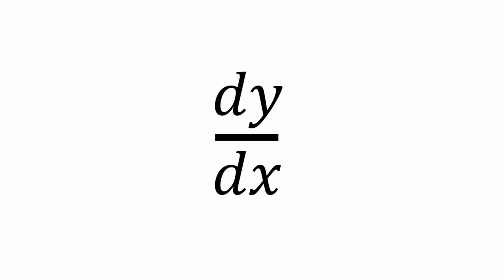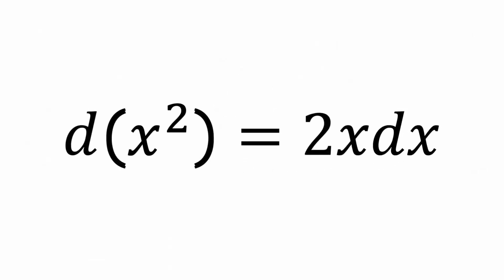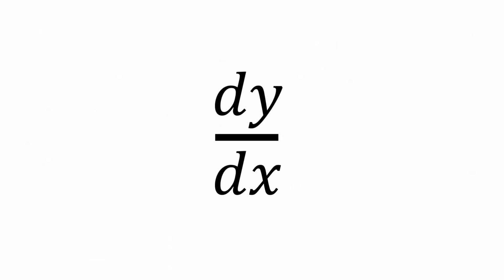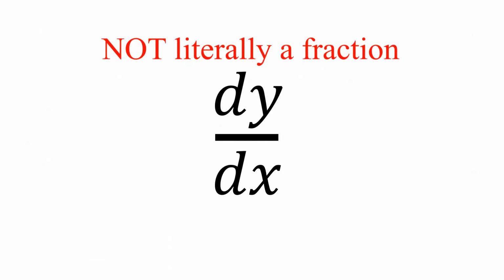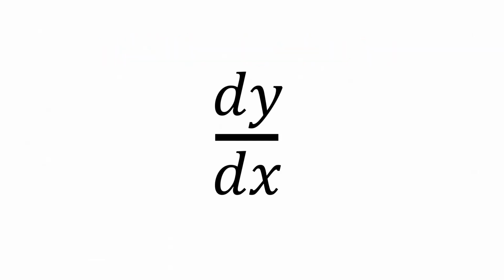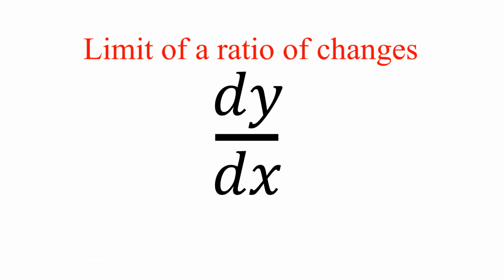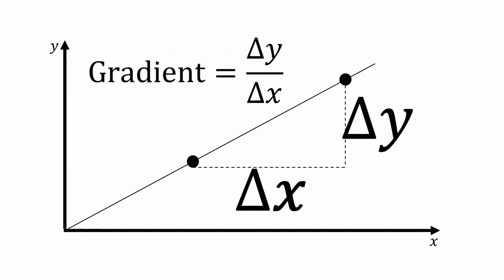dy over dx. Now, remember what dx means? The little change in x. So dy over dx just means the ratio of the change in y to the change in x. This is not literally a fraction, but it behaves like a fraction because it is a limit of a ratio of changes. Remember? Let us look at the previous graph.